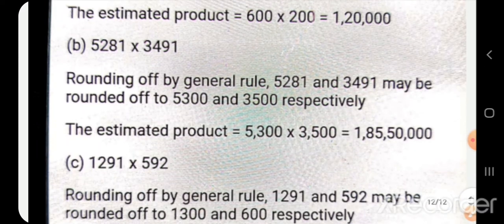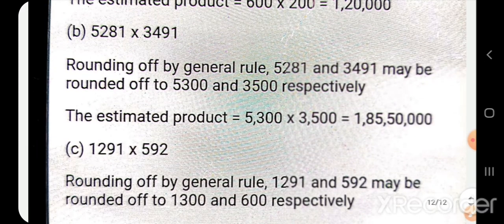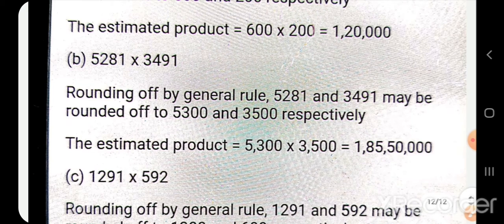5,281 into 3,491. So let's solve this. 5,281 into 3,491.